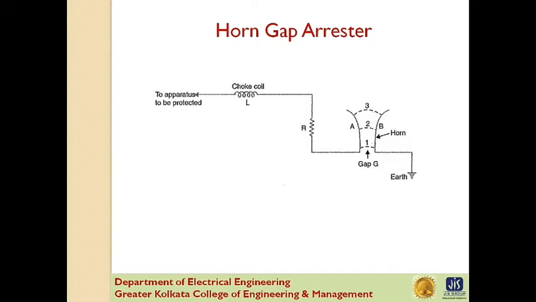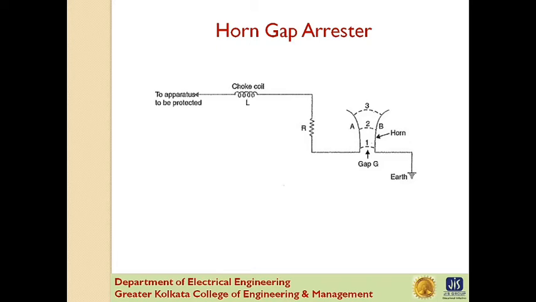The heated air around the arc and the magnetic effect of the arc causes the arc to travel up the gap. The arc moves progressively into position 1, 2 and 3. At some position of the arc, that is position 3, the distance is too large to maintain the arc.